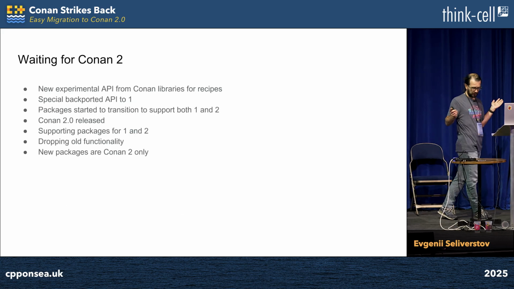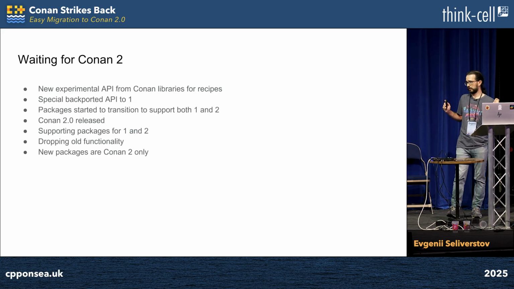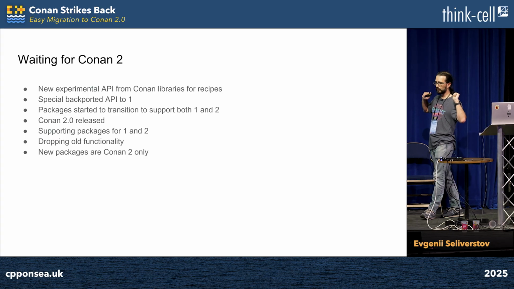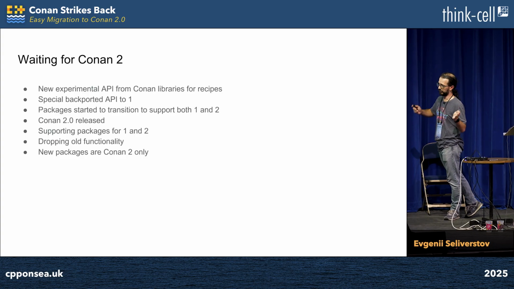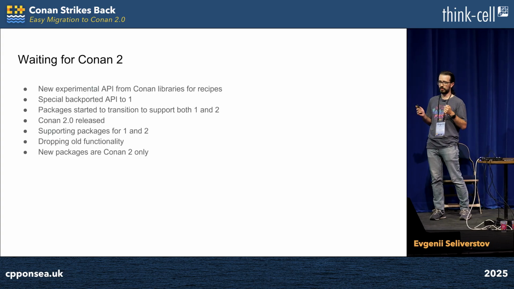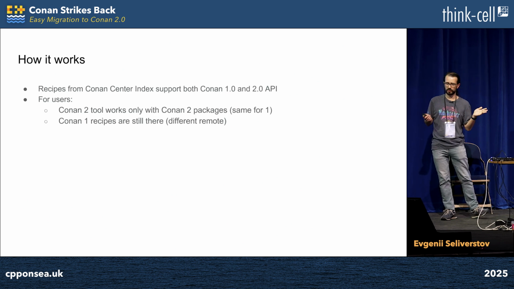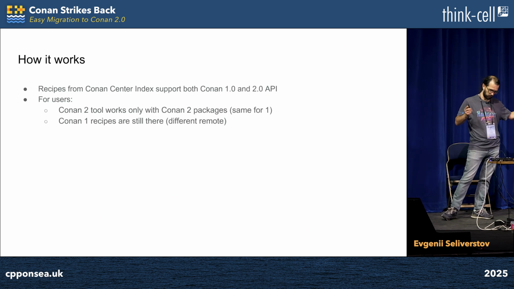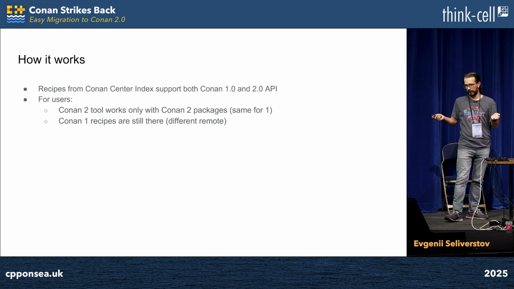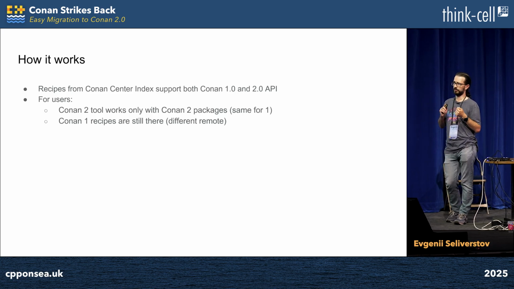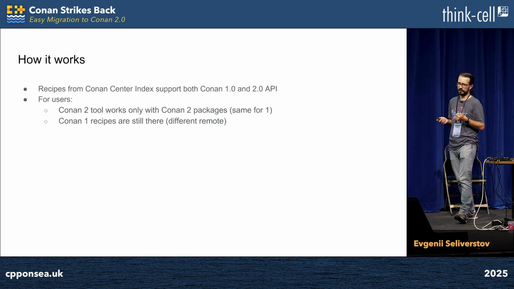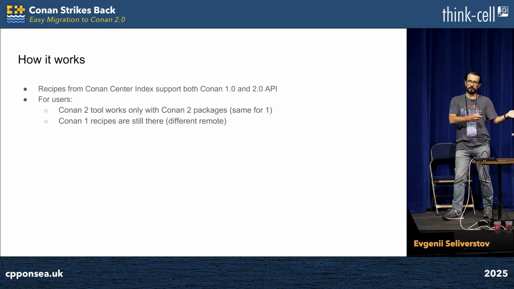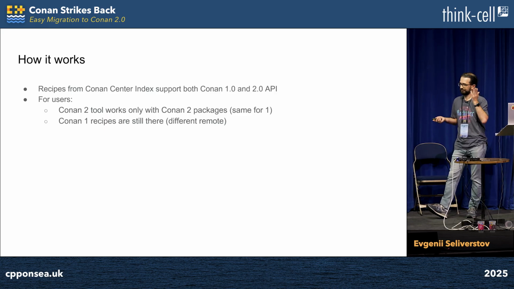While we were waiting for Conan 2, we introduced a smooth transition from 1 to 2, so we are able to reuse the packages. The same package could be published both for Conan 1 and for Conan 2. If you install the Conan 2 tool on your machine, you'll be able to install Conan 2 packages. The first one works well with Conan 1, so it doesn't break anything.